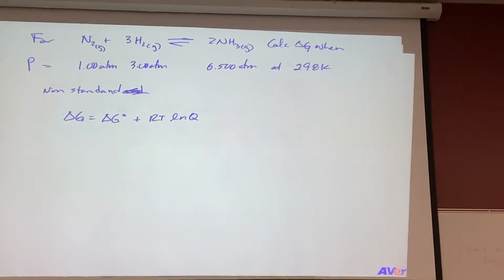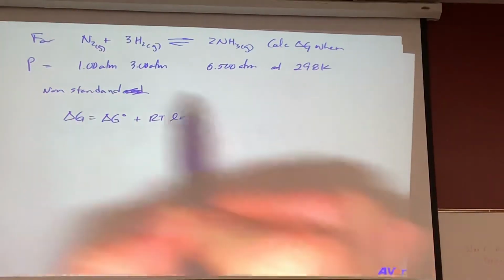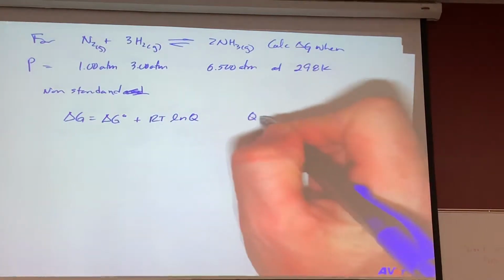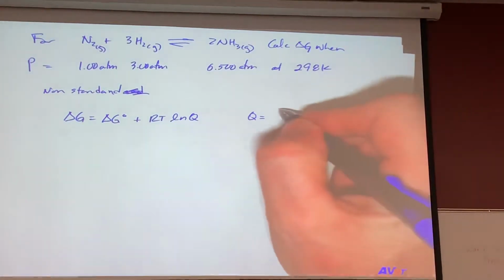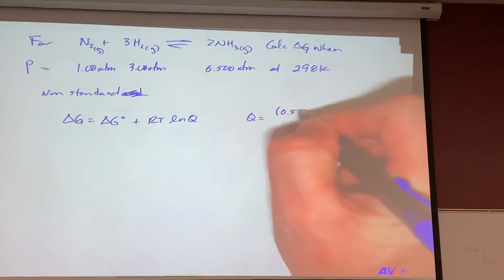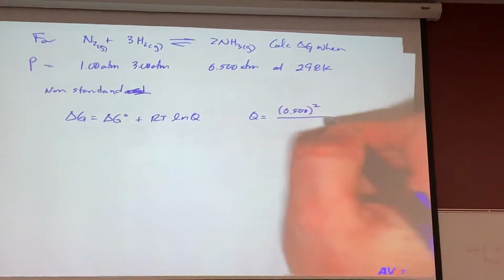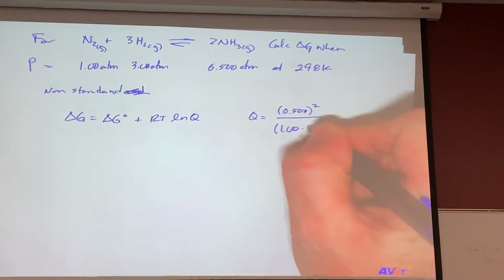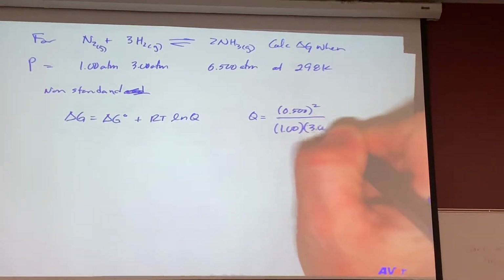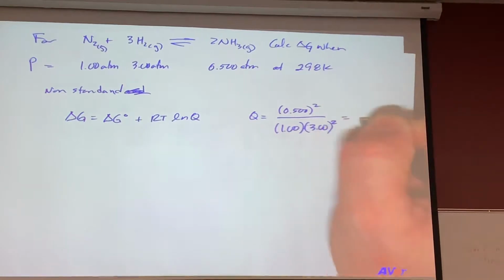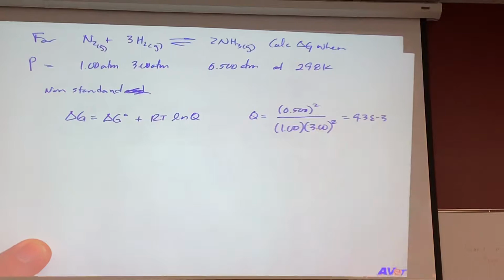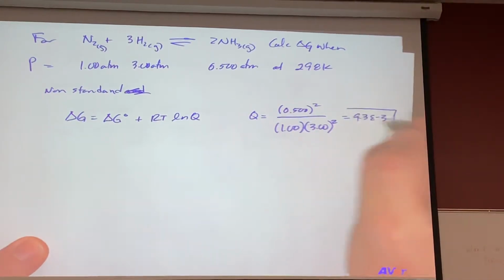Q. Okay. Remember, Q is done with pressures and temperature, concentrations, and you've got pressures here. You can calculate Q, and remember to pay attention to coefficients on this one. And you should get that number, the box around that one.